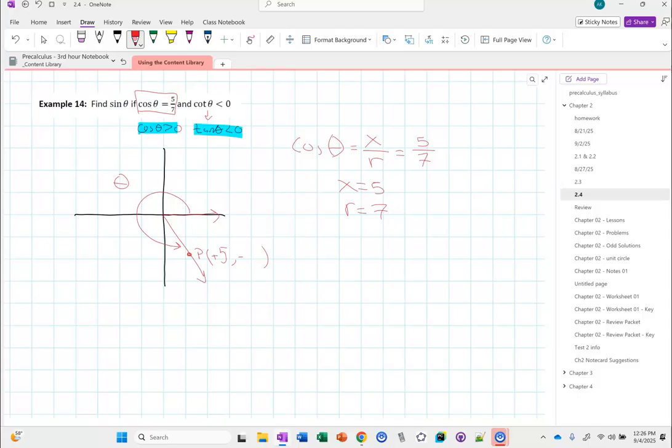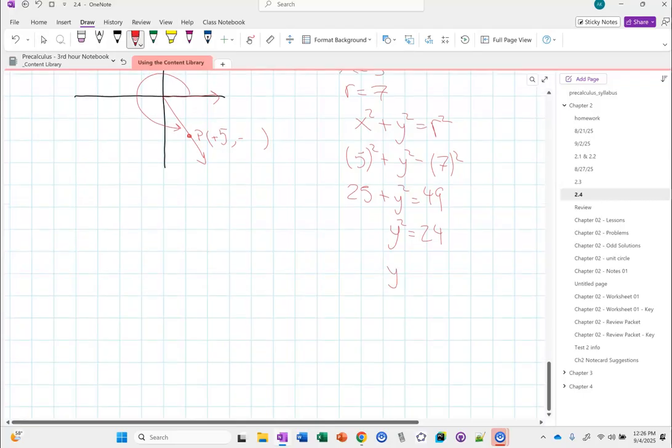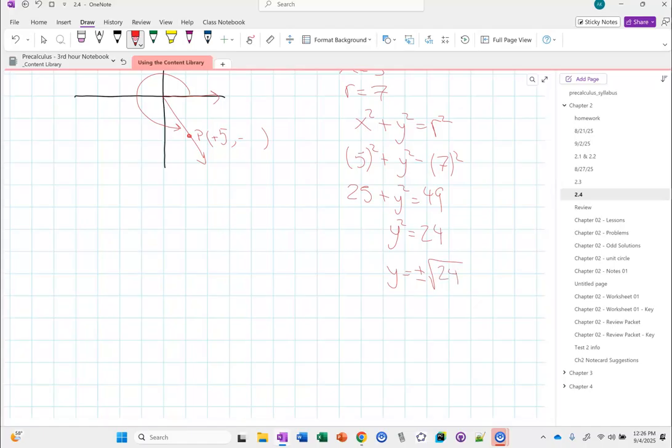Because remember that x squared plus y squared is equal to r squared. 5 squared is 25. 7 squared is 49. 25 minus 49 is negative 24. And if we square root both sides, we get plus or minus the square root of 24.